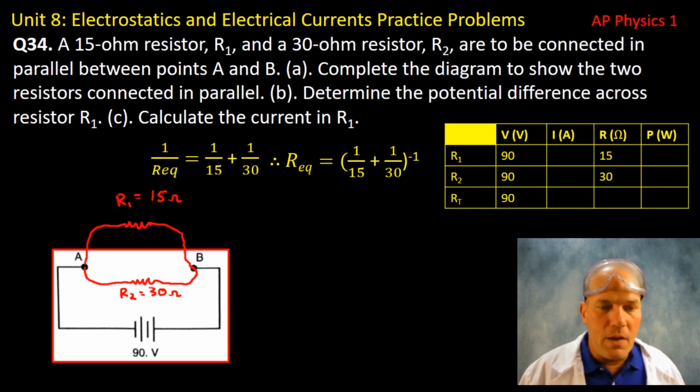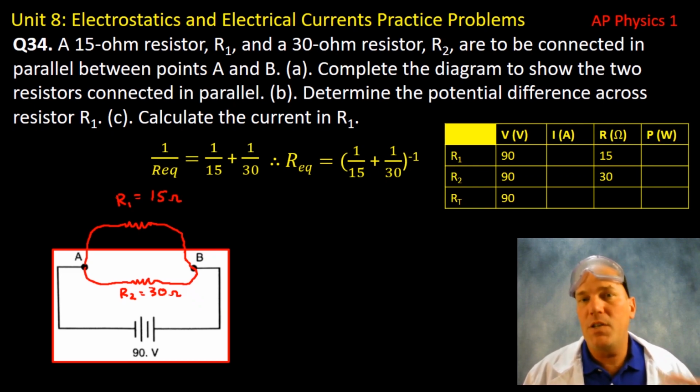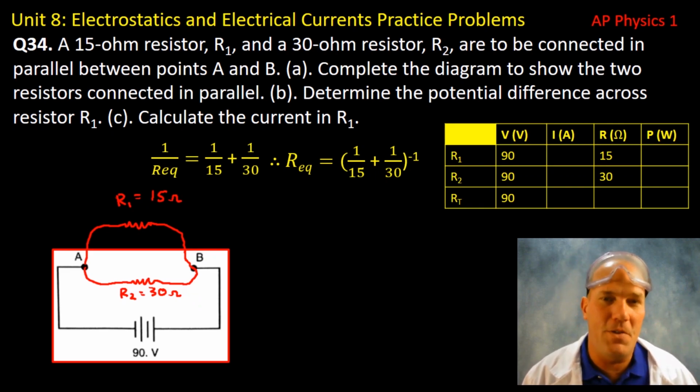Also note, our potential difference is 90 volts for the entire circuit. That is our power, our battery. Our EMF is 90 volts, and therefore across each branch we will drop 90 volts. And that's Kirchhoff's loop rule, which is the conservation of energy.